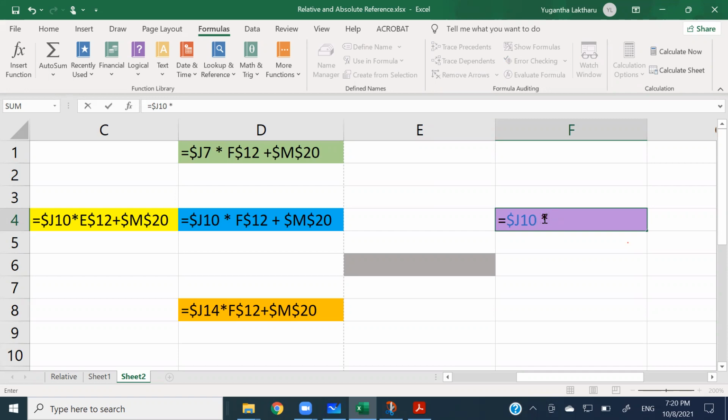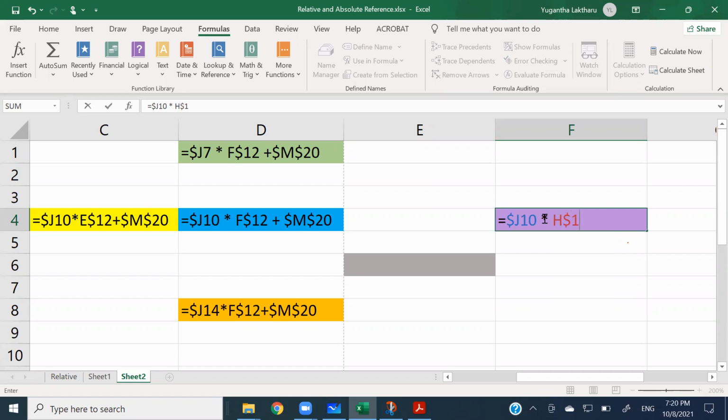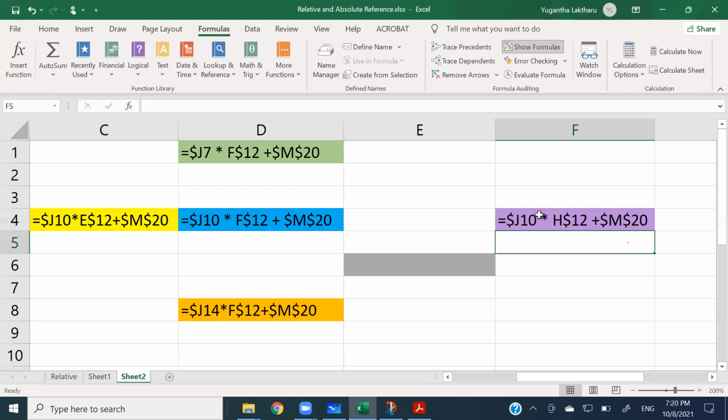F will become G, then H. So H, then $12. Then plus $M, $20 will be as it is. Very good, people. Right? You people are grabbing the things very fast.